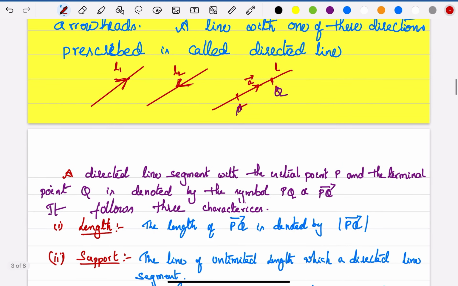So the directed line segment has initial point P. Here P is the initial point and Q is the terminal point.